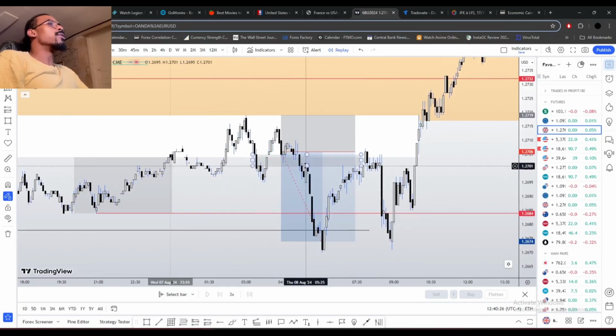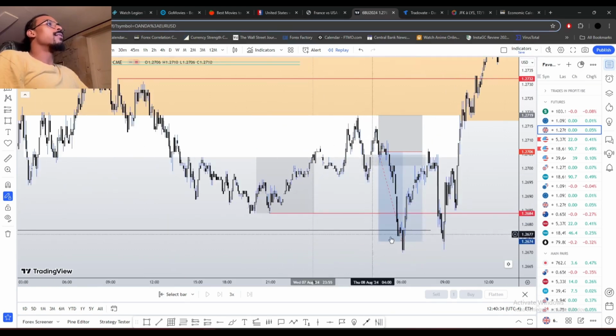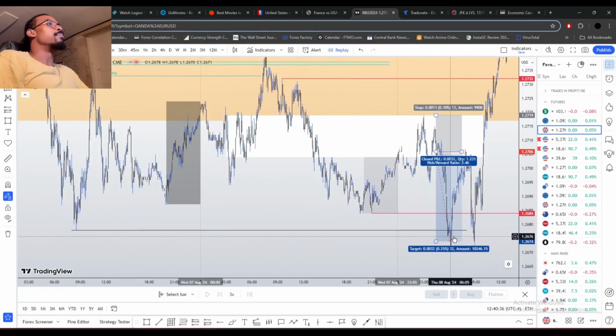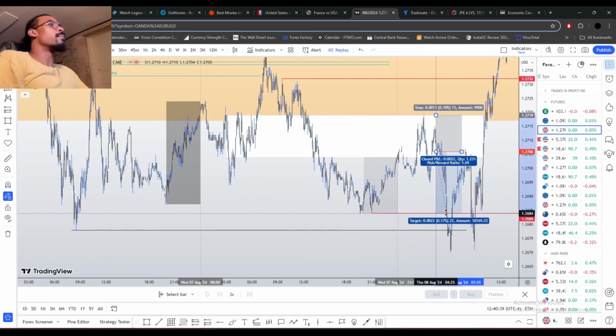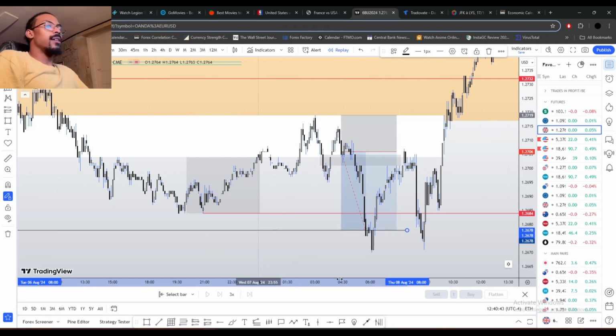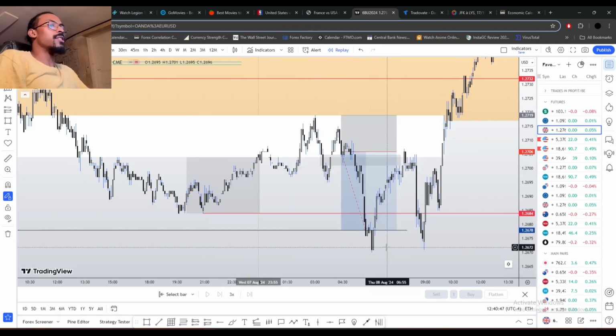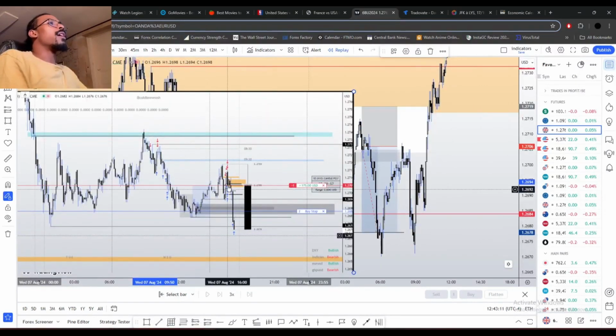Could have had a re-entry inside of here, but I left it alone since I took some small managed losses inside of here, and basically hit my TP down into here. First partial here, and then more partials there, right? And we could go into the screenshot here. Wait, that's not the screenshot. Okay, here's the screenshot.